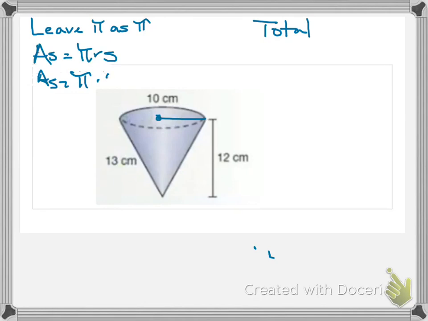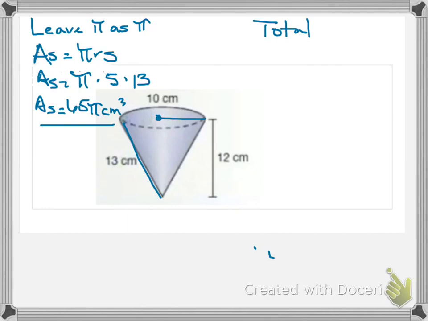My radius would be 5, it would be half of it. And then my slant height, this is my slant height, times 13. So if I do A sub s, 5 times 13 is going to give me 65 pi centimeters squared. Okay, so that's my lateral surface area.